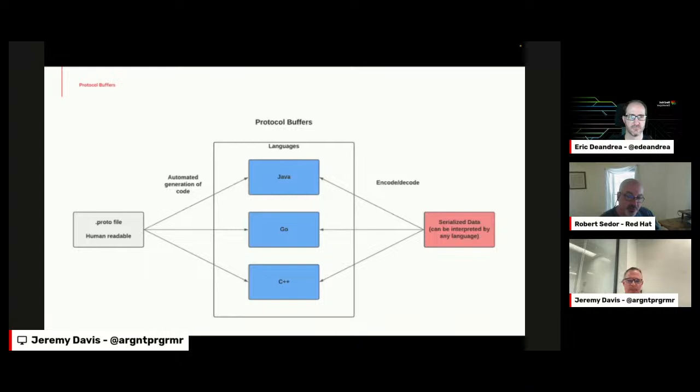But this thing, protocol buffers, which we've been using, is really the IDL, the interface description language. It helps control the serialization and deserialization, and enables us to define services and then auto-generate those client libraries. As we noticed, everything is defined in that .proto file.